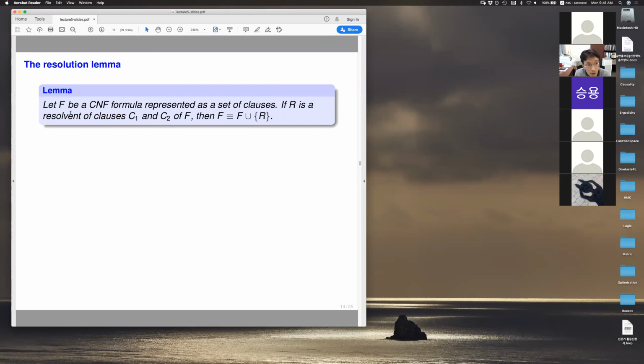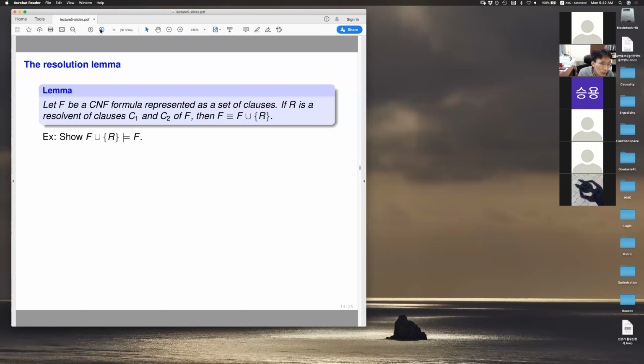The resolution lemma says that if F is a CNF formula represented as a set of clauses, and R is a resolvent of two clauses C1 and C2 of F, then F and F together with R are semantically equivalent. F semantically implies F conjoined with R, and the right-hand side semantically implies the left-hand side.